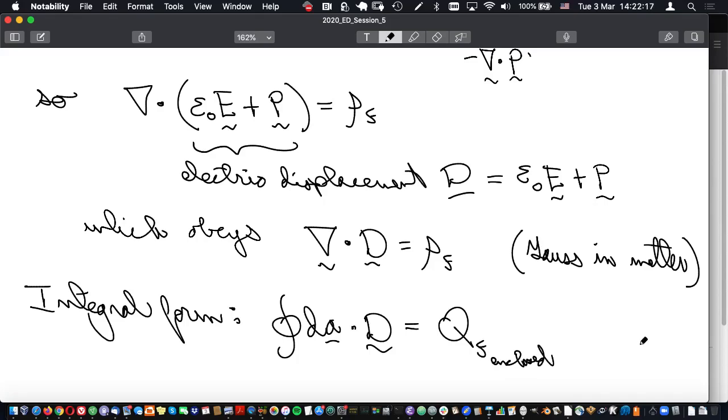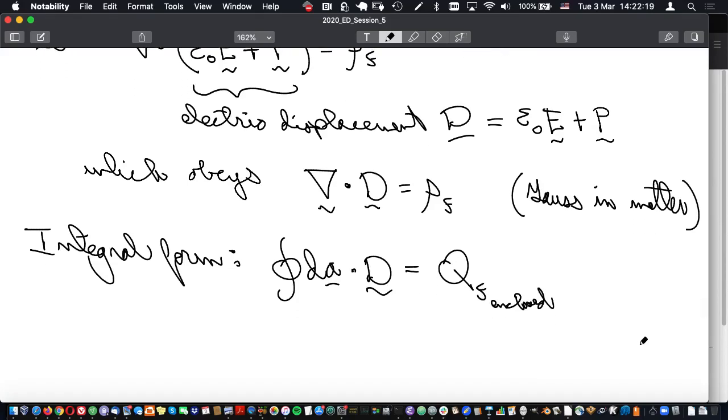Okay? So the free charge is not the total charge, because the total charge is the free charge plus the bound charge. But if I know the free charge, I can determine the displacement like this.